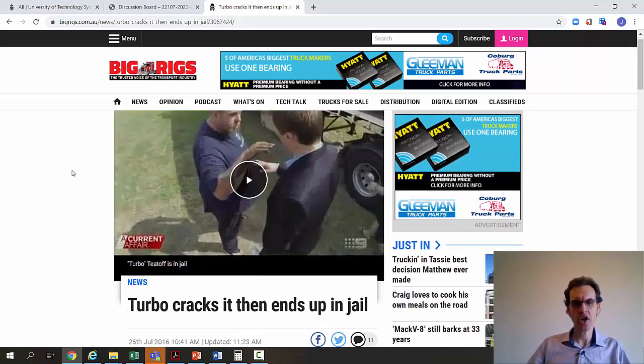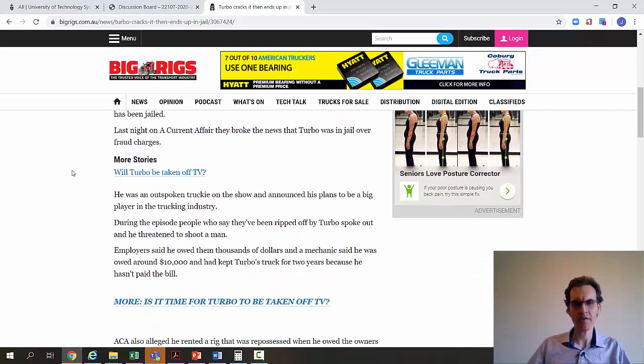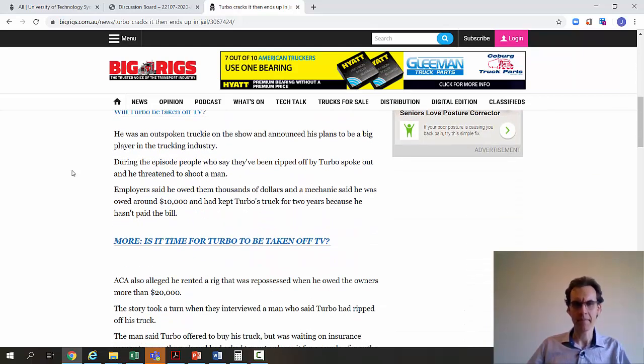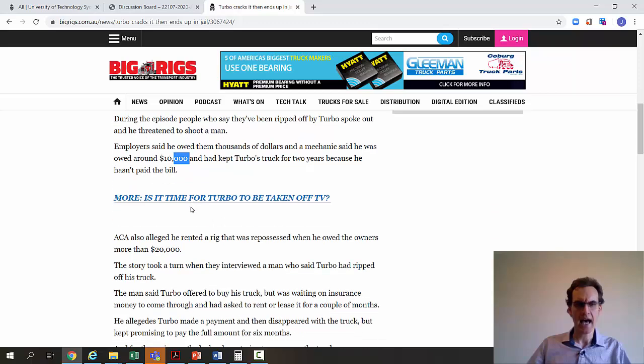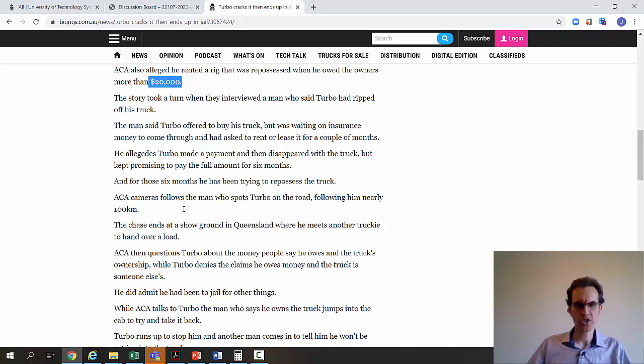There was a guy on that show called Turbo, which is reflected in this article here. There's a whole lot of information that they claim about Turbo here, including that he owed a mechanic $10,000. He owed another business owner $20,000 for a truck he rented. And there are a whole lot of issues associated with Turbo's payment.